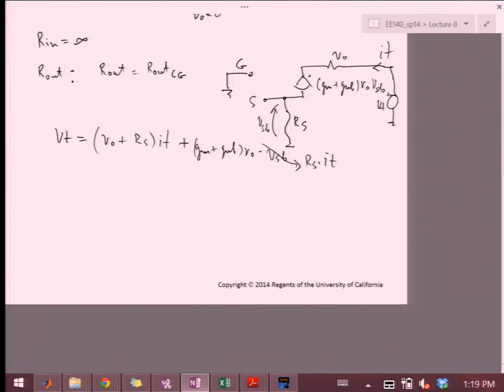So now this whole side is just a function of IT and some resistances. So my Rout is VT over IT, and it's then just r0 plus RS plus (gm plus gmb) r0 RS.